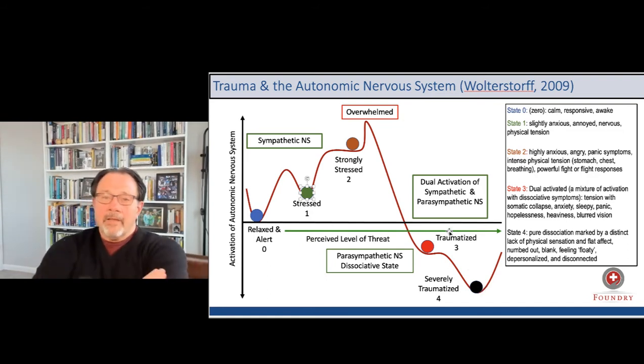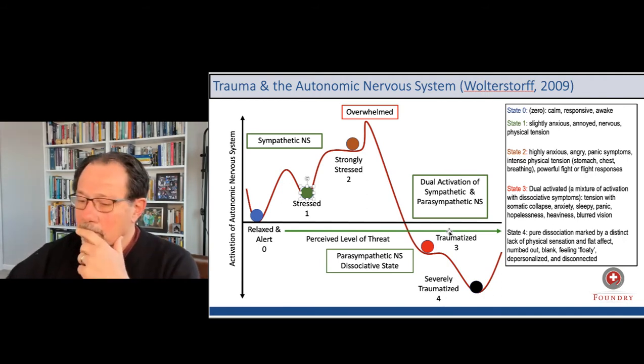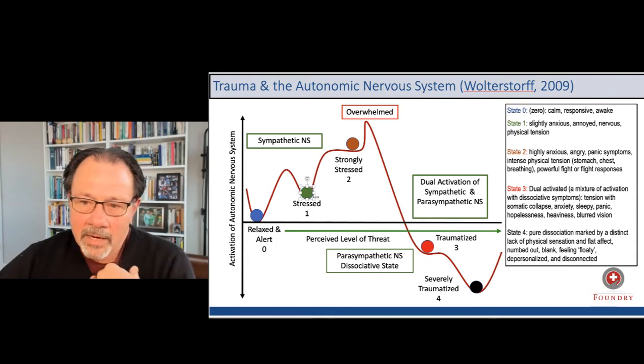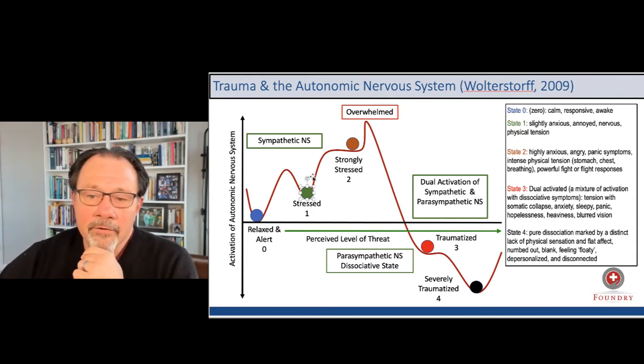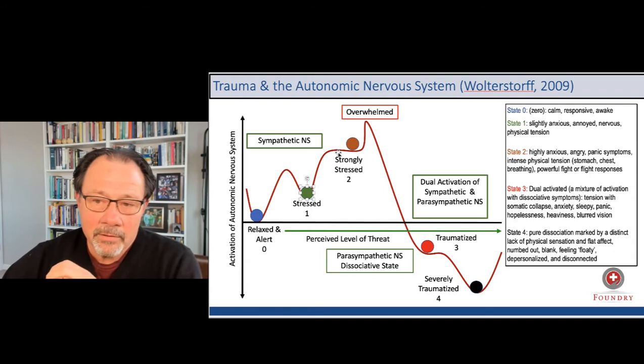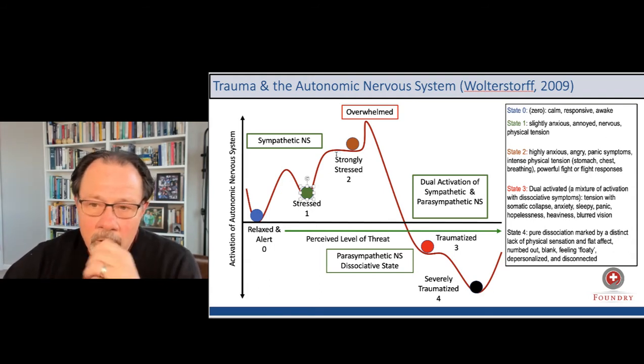And dually activated is really an important state. It's that phase when, particularly for traumatized clients, the fight or flight attempt to get out of harm's way isn't working.